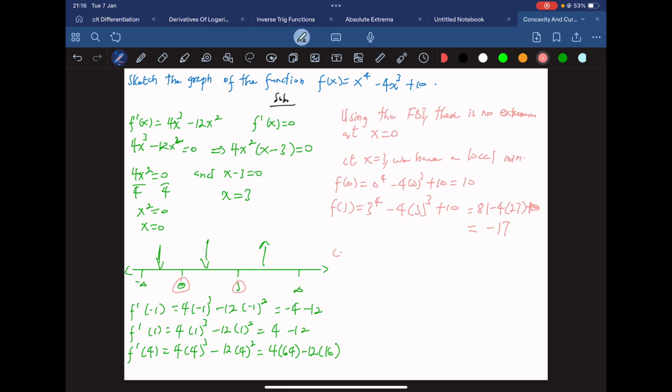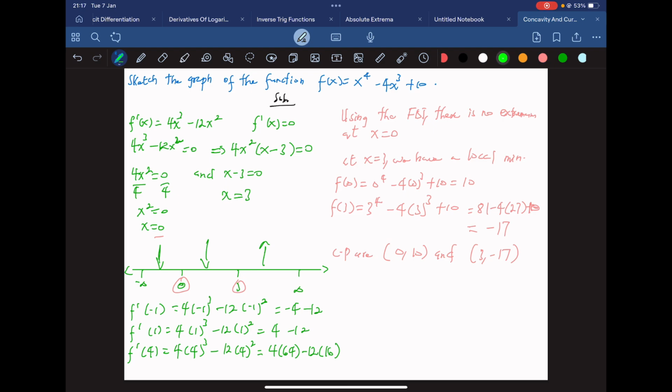So our critical points are 0, 10, so we have (0, 10). And for 3, we had negative 17, so we have (3, -17). Okay.